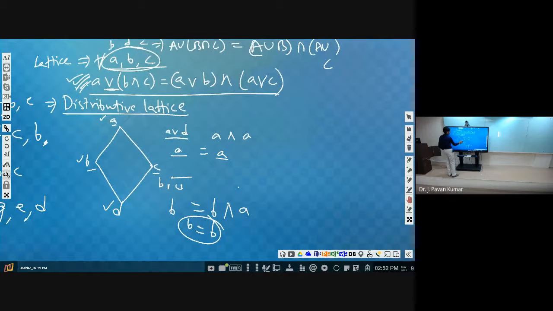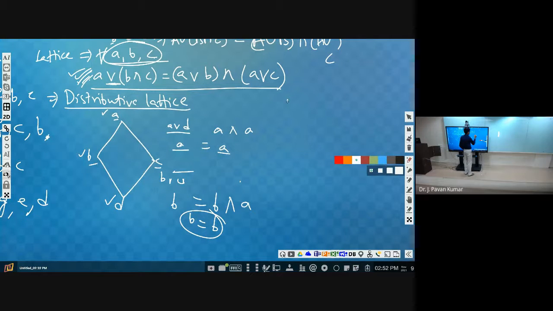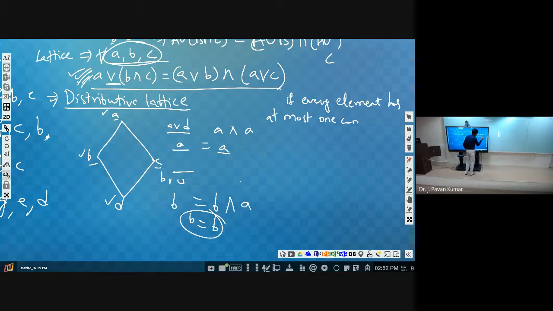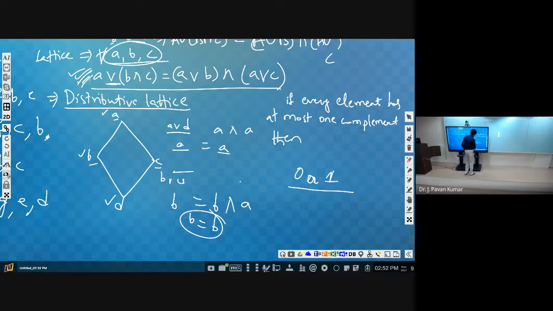If every element has at most one complement, that is, 0 or 1 complement, so we may not have a complement for certain elements in the lattice, but if we have one, it should be 1 only, then we can say such a lattice is a distributive lattice.